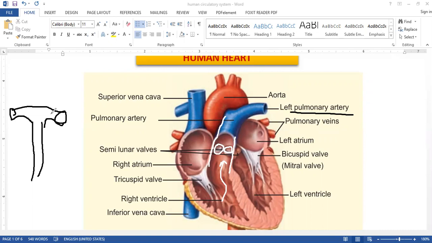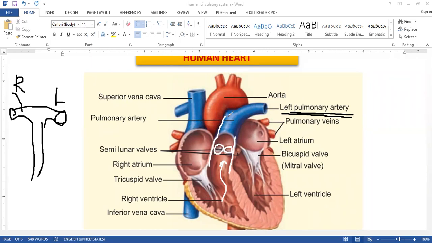If it is on the left side, we can call it the left pulmonary artery.